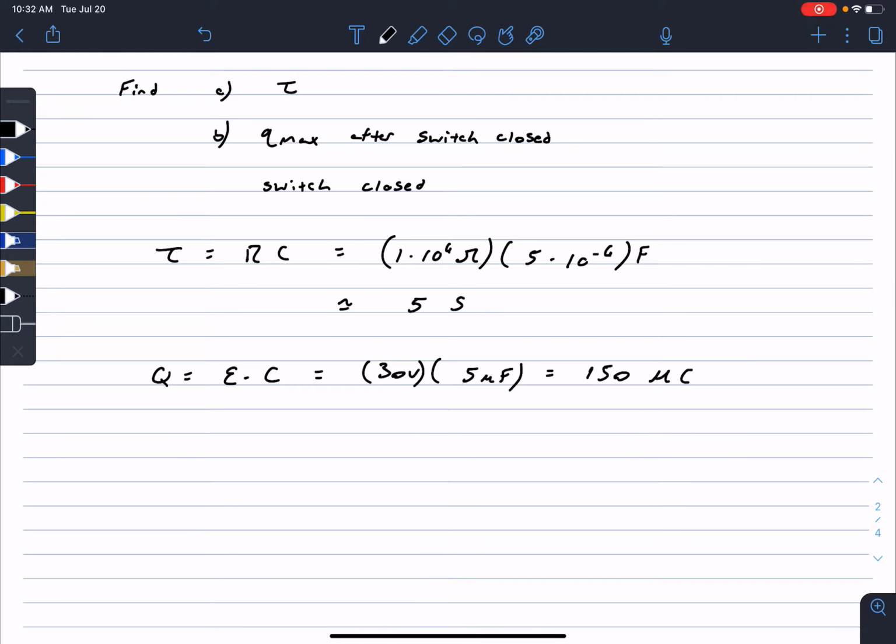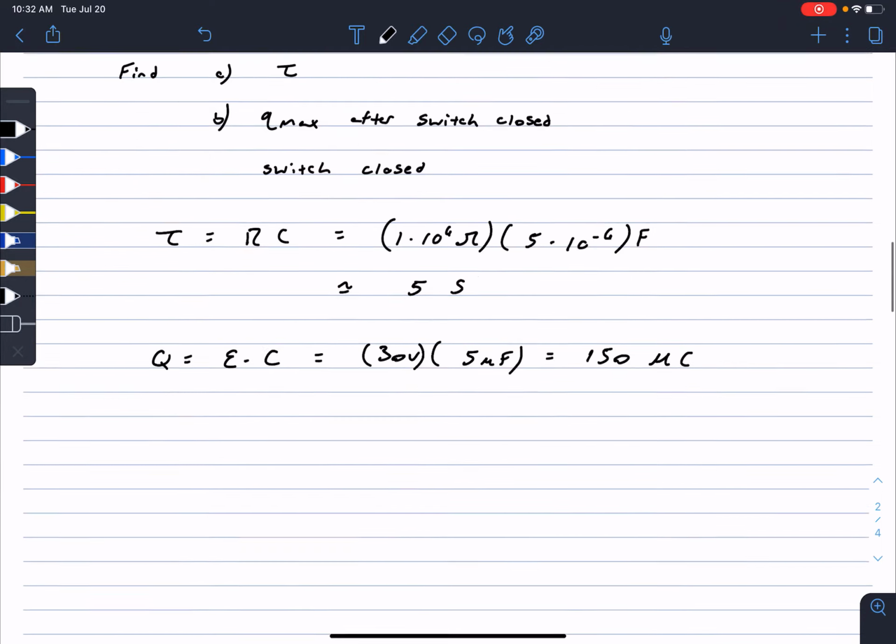Okay, easy enough. Then find the current in the resistor. Let me just double check that that's what they are. Find the current in the resistor 10 seconds after the switch is closed.